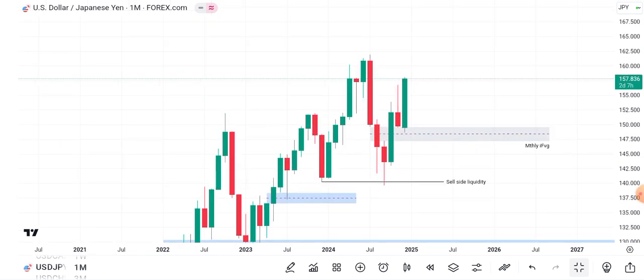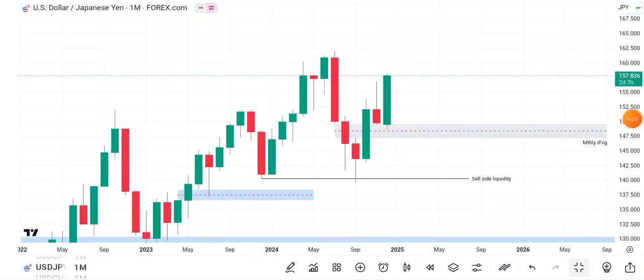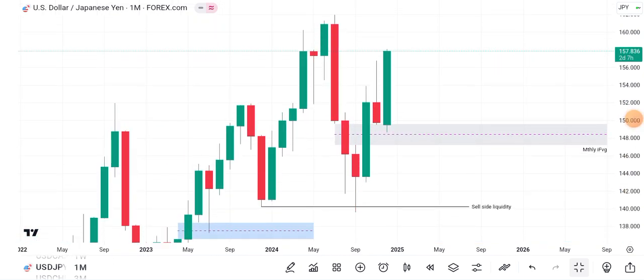So this is the last time I posted a video and in fact it shows how price entered into this fair value gap. Price entered into this old low and then rejected higher. I showed an inversion fair value gap around there.